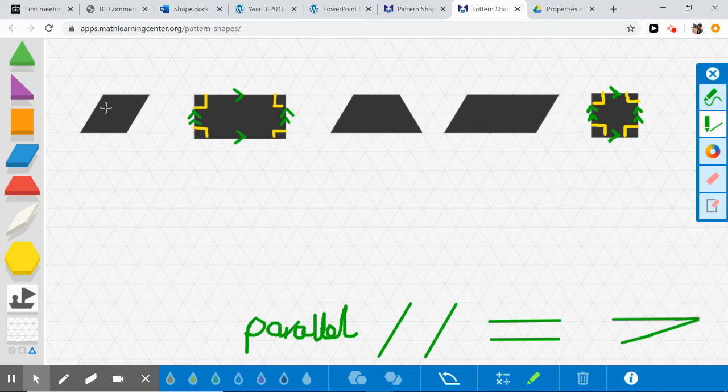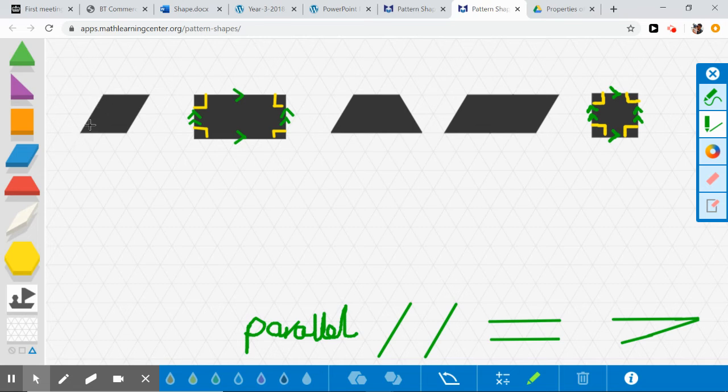However, it's not a square because it doesn't have any right angles. So it doesn't have any right angles, but all the sides are exactly the same length.